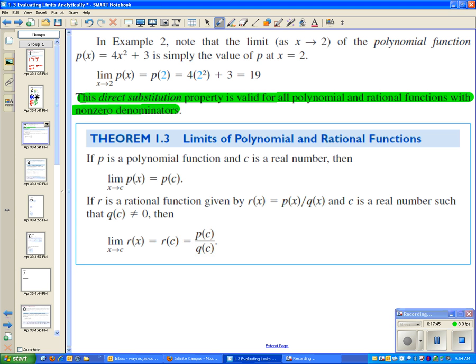Now, with rational functions, do denominators equal 0? Yes, sometimes. Like if your denominator is an x plus 2, then when x equals negative 2, your denominator is 0. Okay? But whenever the rational function does not have 0 as its denominator, you can use substitution to find its limit. Okay? All right, Charlie, question.